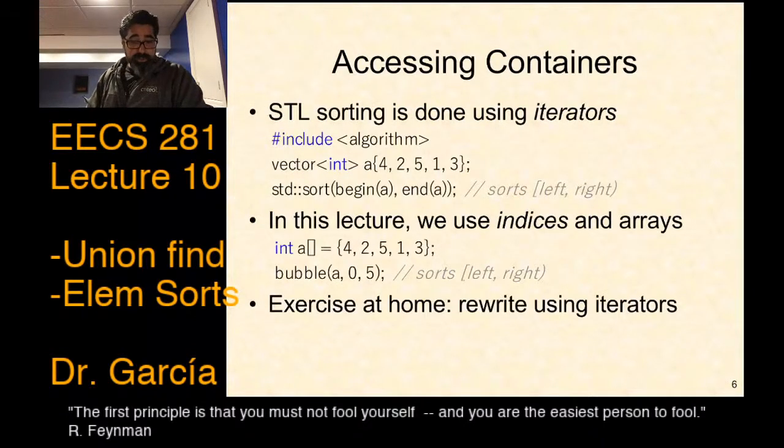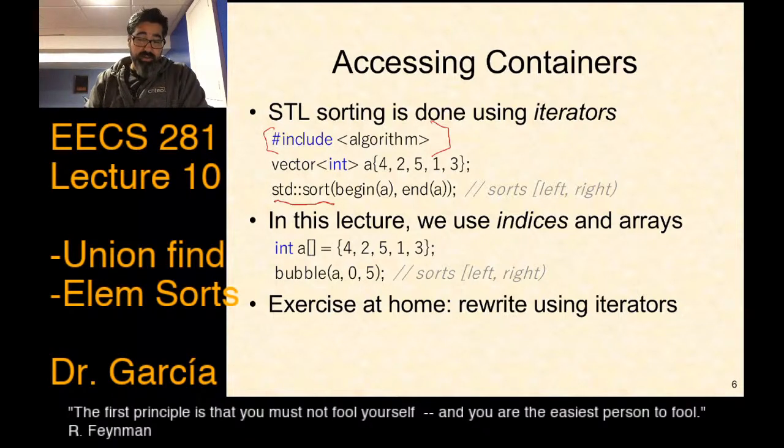All right. So for the STL, if you haven't used it before, what we would need to do is pound include algorithm. Okay. Then you can declare a vector or an array for that matter, and then pass it to the STL sort function, which is in the std namespace, just like everything STL.